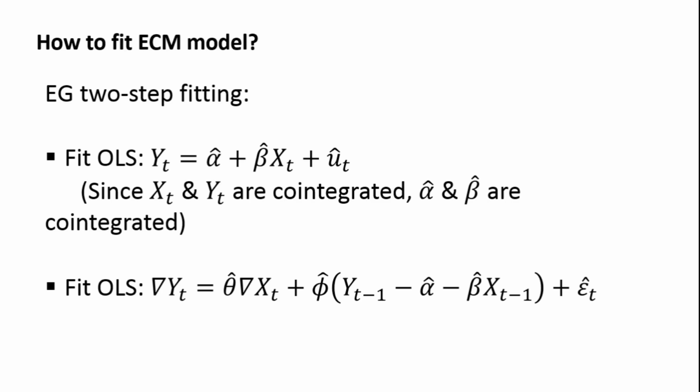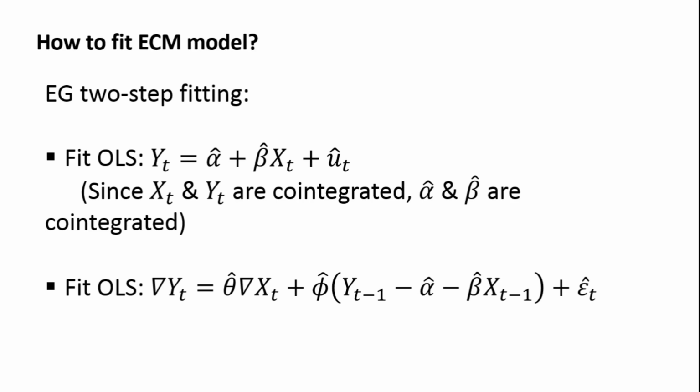In this linear ordinary least squares that we fit, since xt and yt are co-integrated, with alpha and beta not equal to 0, we then fit the relationship: the differential of yt equals a certain constant theta multiplied by the differential of xt, plus another coefficient multiplied by the error correction term, which is the residual of the previous ordinary least squares of our two variables.